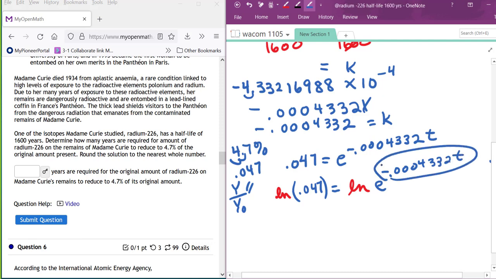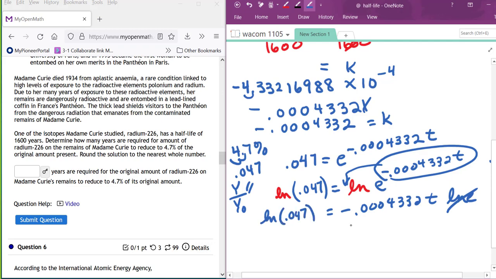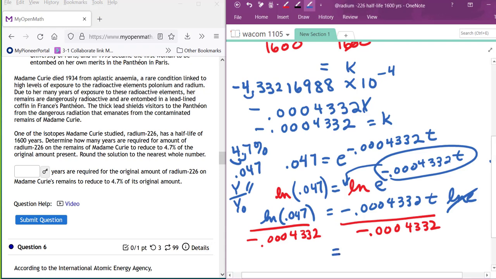That will make this come down. Your ln of e equals 1, so you can throw it away. And I'm going to go ahead here and divide by this. And that will give us t.